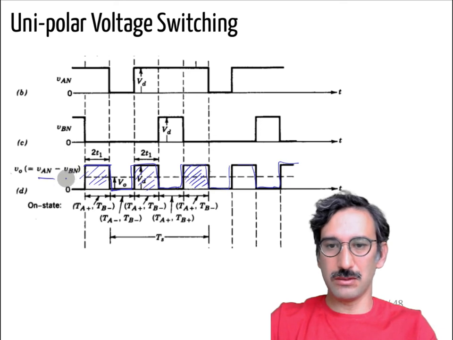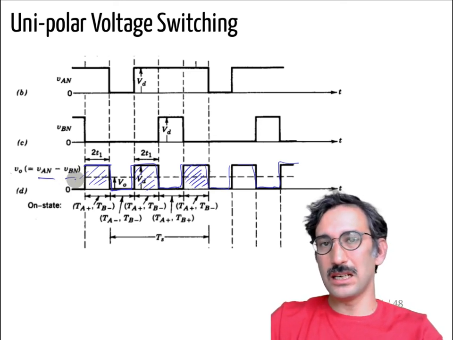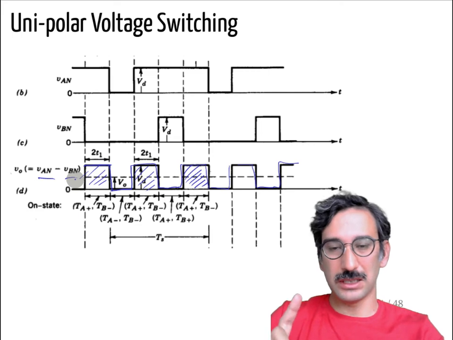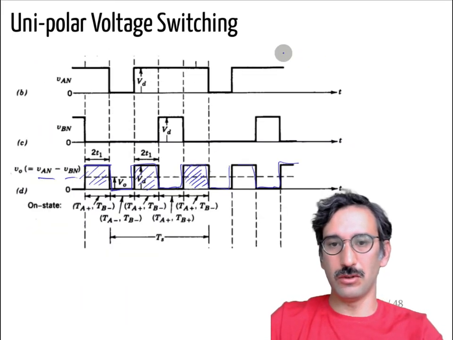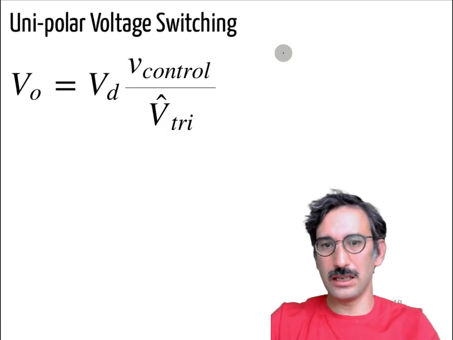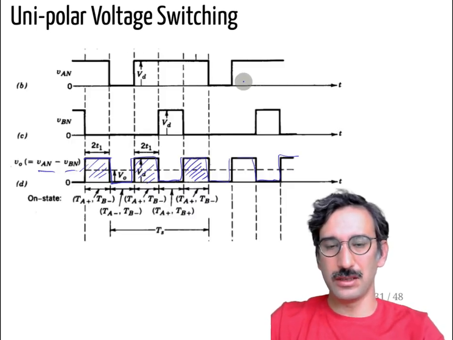Okay, so this is what you have with VAN minus VBN, but again, this is for positive control voltage. Again, you have the same relation.